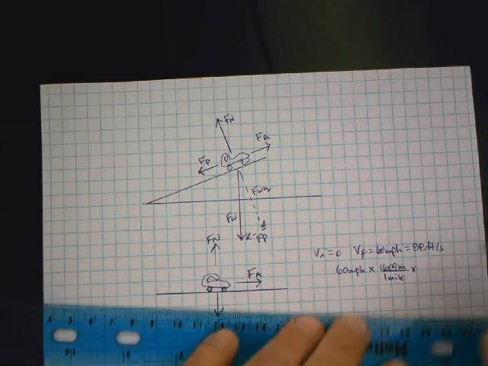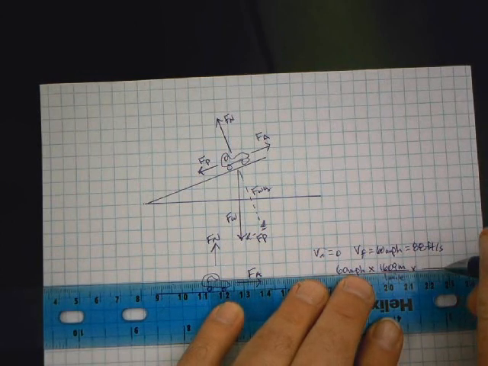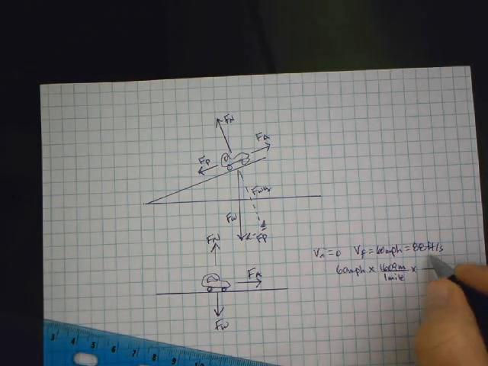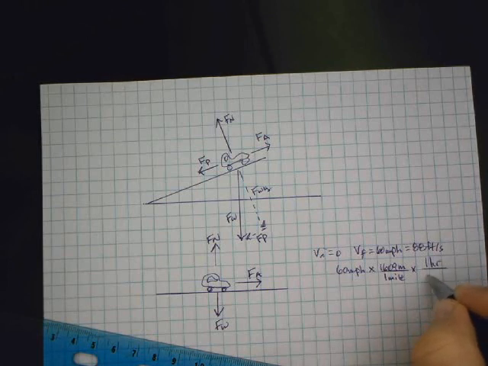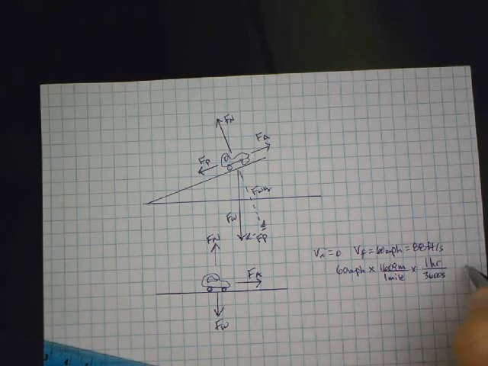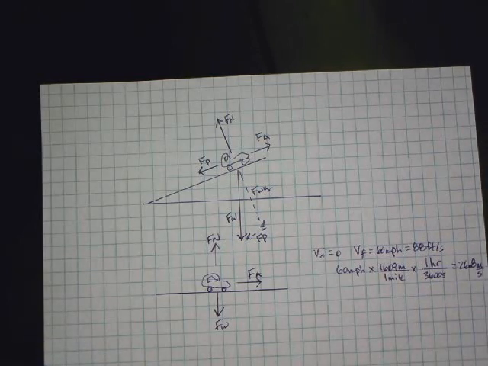And then I need the seconds. So 1 hour is 3,600 seconds. And so we end up with 26.8 meters per second for our 60 miles per hour. That's our Vf.